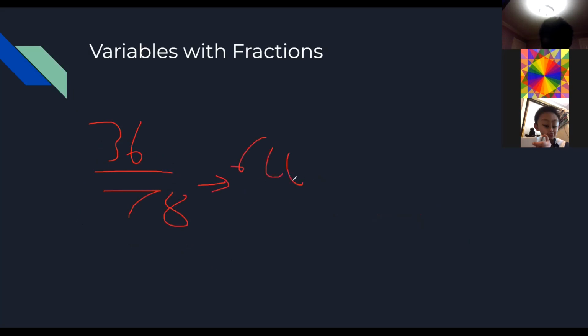So 6 times 6, 6 times 13. So these 6s can be crossed out in order to simplify into 6/13.